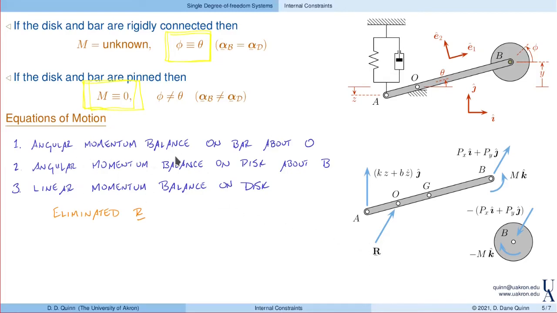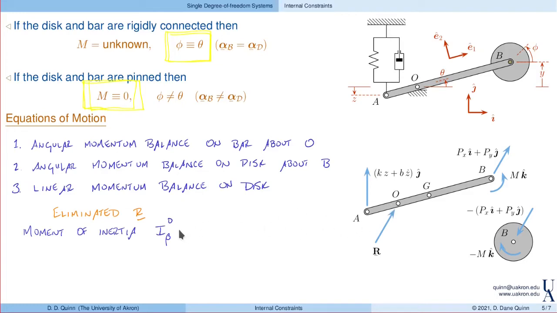But now notice that we're going to take angular momentum balance of the bar about O, so we'll need the moment of inertia of the bar about O.